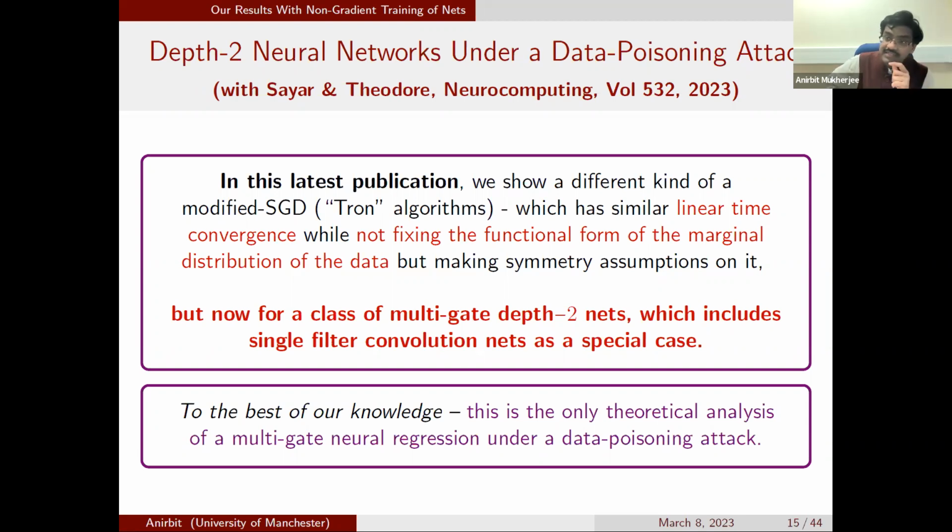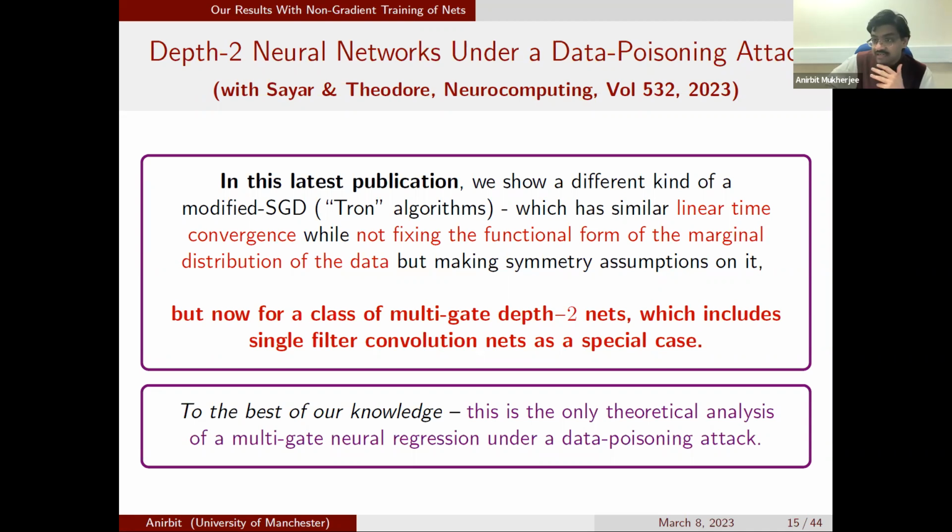But what is more interesting is that we show that our resilience to the attack is in fact stronger than SGD. So there is something more happening in the multigate setting. I'm able to get a stronger resilience than SGD. And in fact, the experiments that we have done in this paper show that the resilience survives even under heavy tail data.